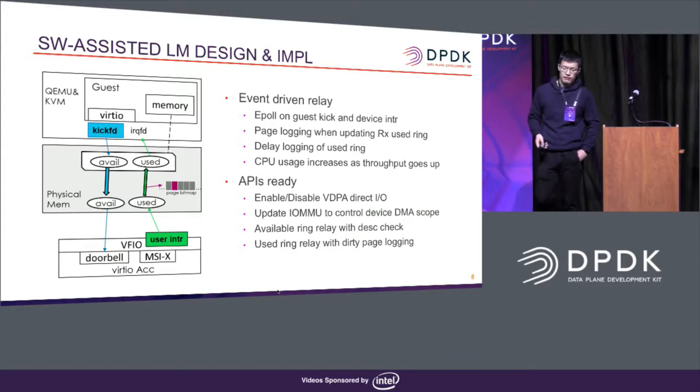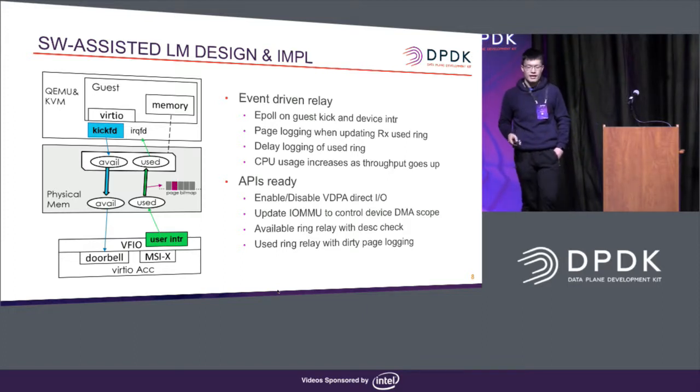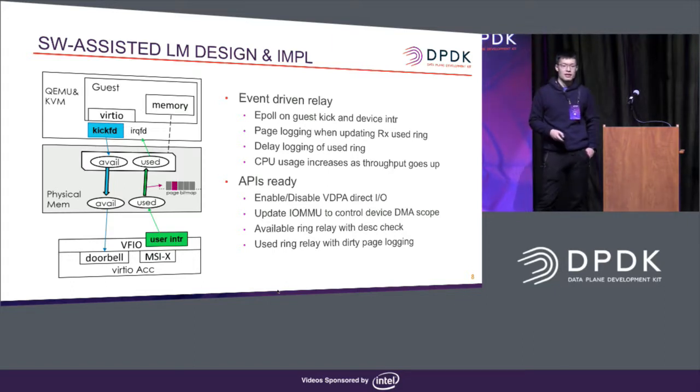You know that the used ring is located at a fixed address in the guest memory, and the dirty page logging operation itself is very costly because it's an atomic operation. So adding an atomic operation in the data path is very expensive. So we delay the used ring logging until the last second before stopping the device.